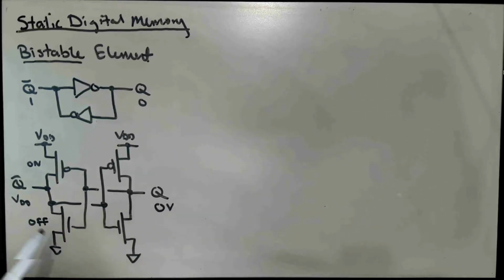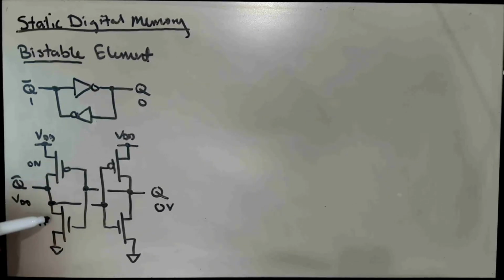Right, so we're turning off the NMOS transistor and turning on the PMOS transistor. And with the PMOS transistor turned on and the NMOS transistor turned off, the NMOS has let go of Q bar and the PMOS is strongly driving it to VDD. And so here, this output being at VDD is consistent with that.